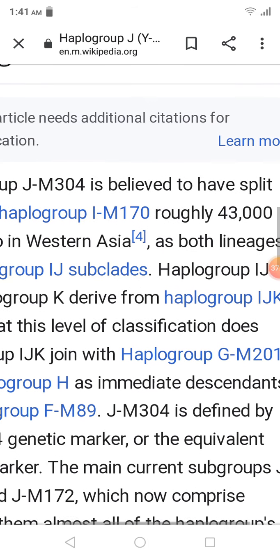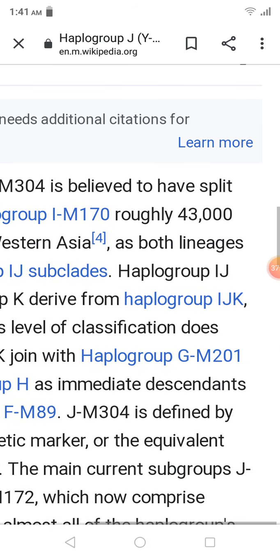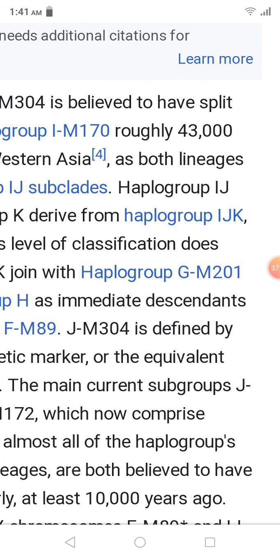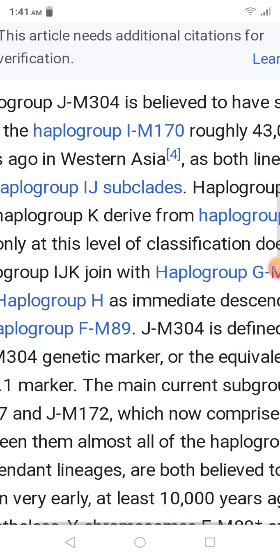So this J group is a grouping dealing with a combination. They tend to put IJK together because these are close allele groups of gene grouping, but at the same time they created subclades for all these haplogroups dealing with Japhetic people.